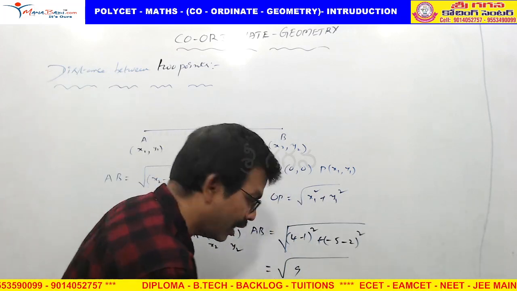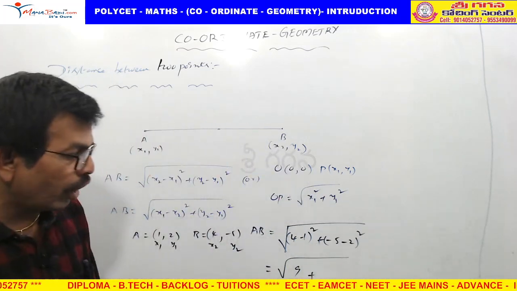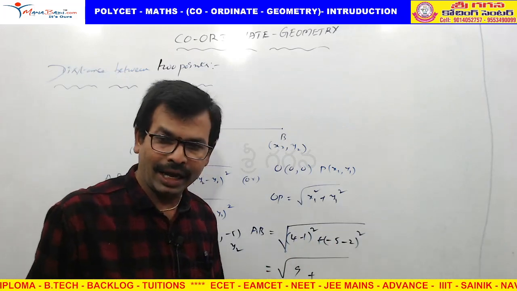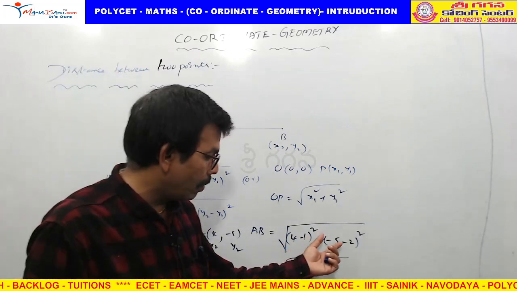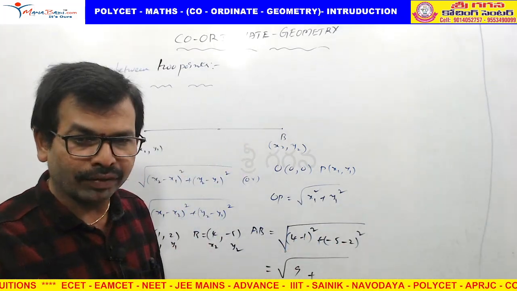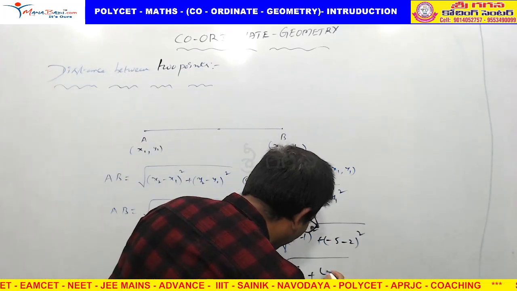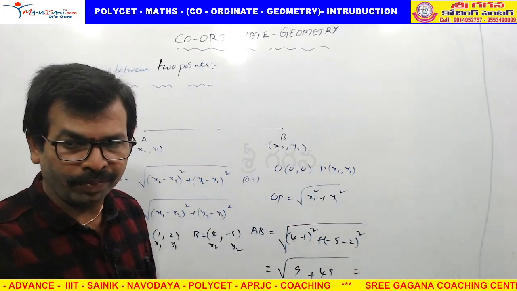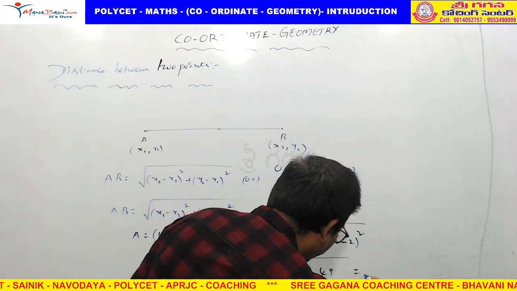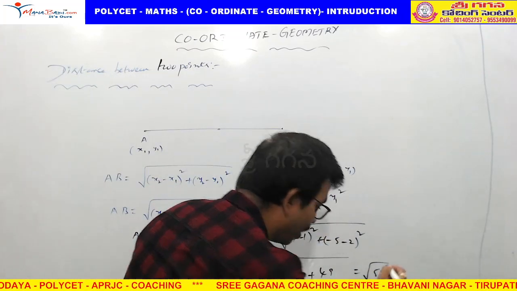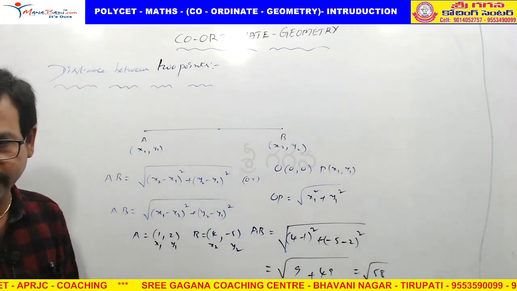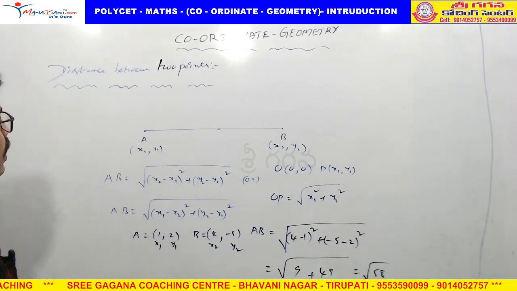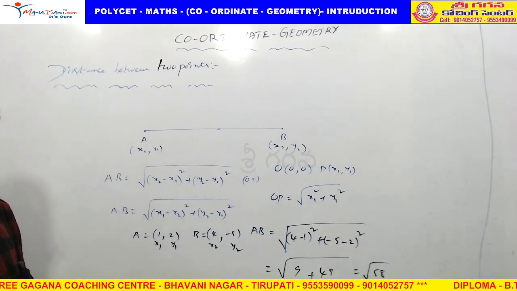Plus minus 5 minus 2, if we add, again minus will come, so minus 7 whole square, nothing but 49. If we add 49 plus 9, how much will come? Under root of 58 is the answer. Like that you have to take. So this is the distance between two points.